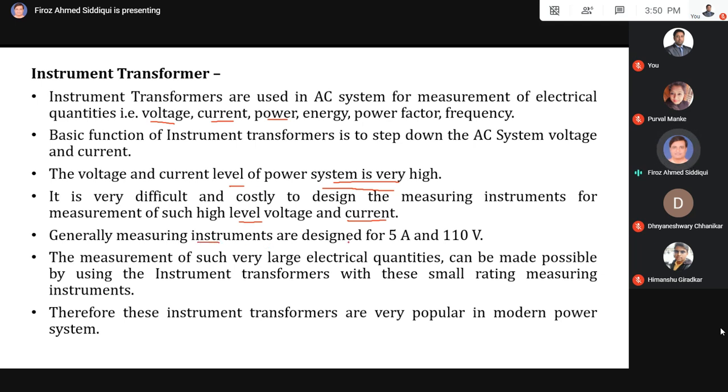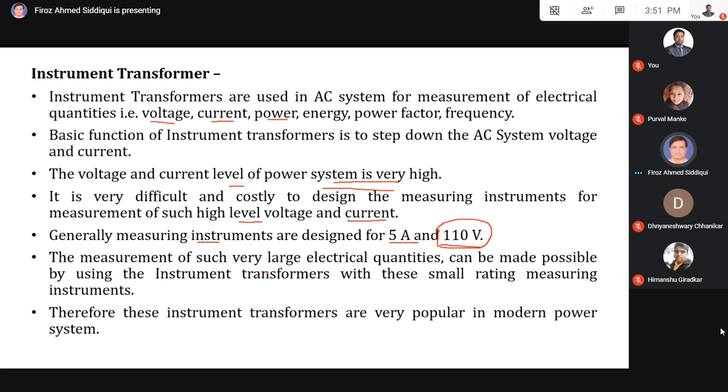Measuring instruments are designed for 5 ampere and 110 volt only. Now if you have more than 5 ampere current in the power system, you will have to step it down in order to measure it. Similarly, if there is high voltage, you will have to step down the voltage so that you can measure it by the instrument available with you.